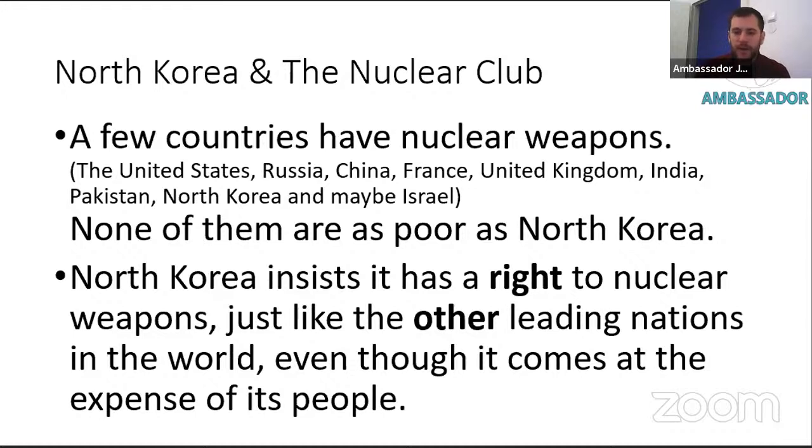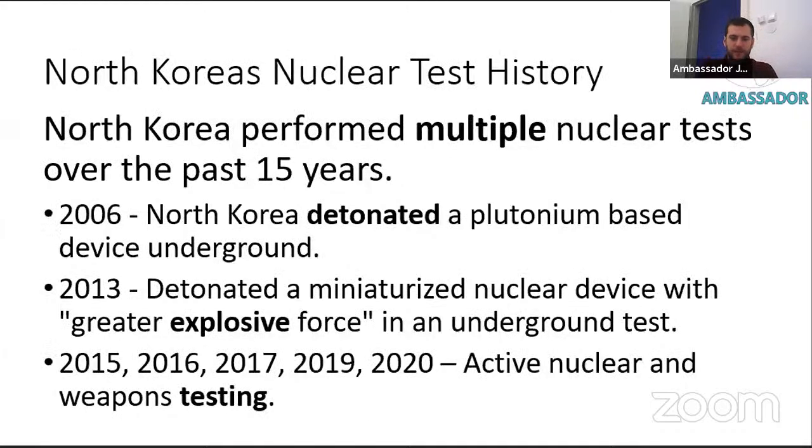And North Korea insists it has the right to develop nuclear weapons, just like other leading countries in the world, even though it comes at the expense of potentially feeding its own people. But it's an interesting question we have to consider. Does North Korea have the right? What gives a country the right to have nuclear weapons? Next slide, please.